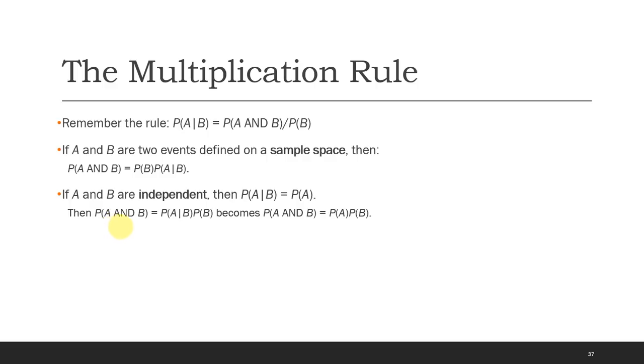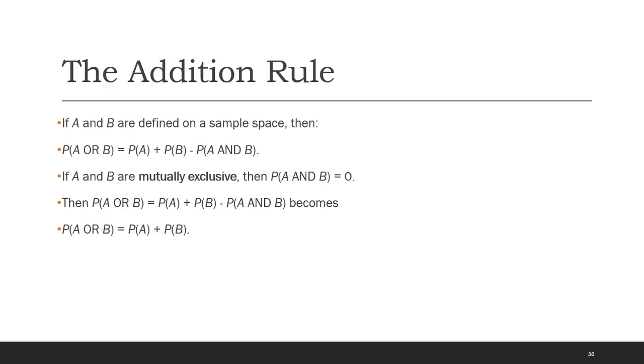The probability of A and B becomes the probability of A times the probability of B. So if you know that two events are independent and you're talking about an "and" situation, then you just multiply the probabilities together. It's a shortcut you can utilize when you are talking about independent events. It's just something to make your life easier.